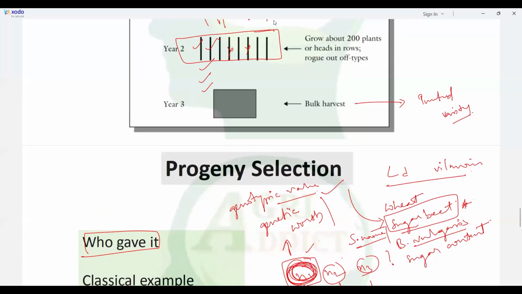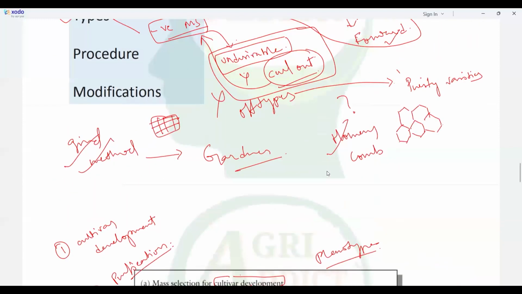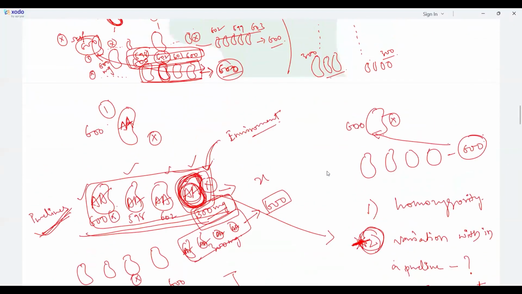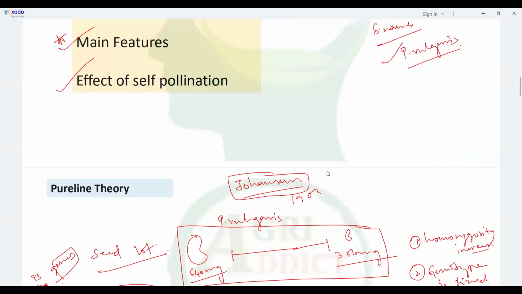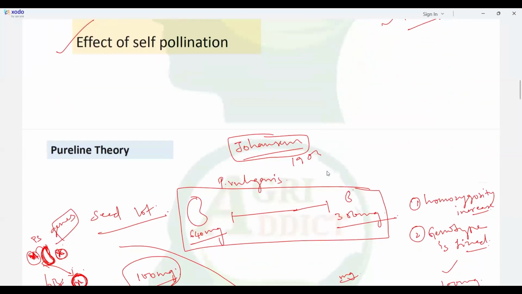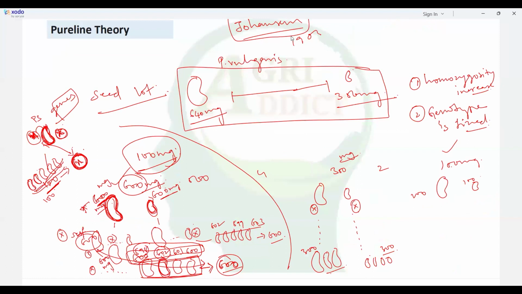I hope you understood all the three different methods that we discussed. Right? If you have any doubts, I'm ready to clarify. Yesterday, one student asked about the split gene concept, whether it has been clarified.